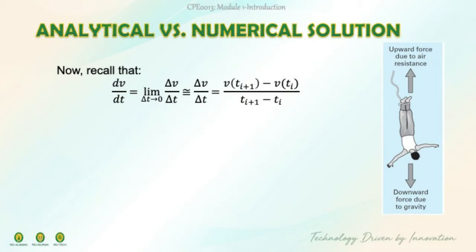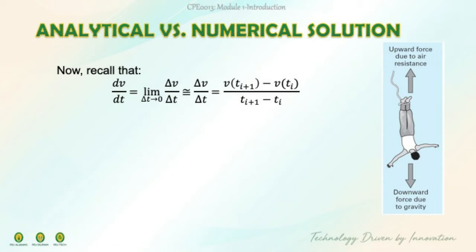So v(t_i) is the velocity at initial time t_i, and v(t_i+1) is the velocity at some later time t_i+1. Okay, so this is the use of finite difference to approximate the first derivative of v with respect to t.